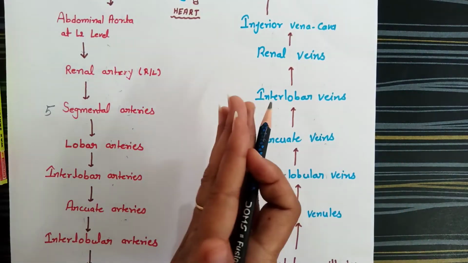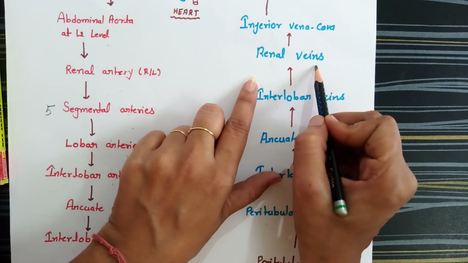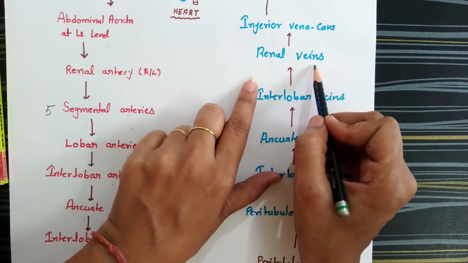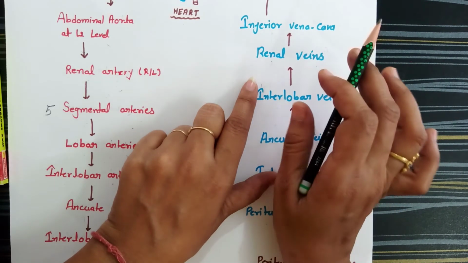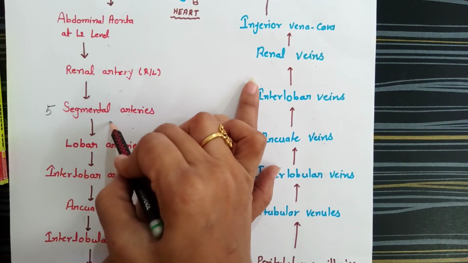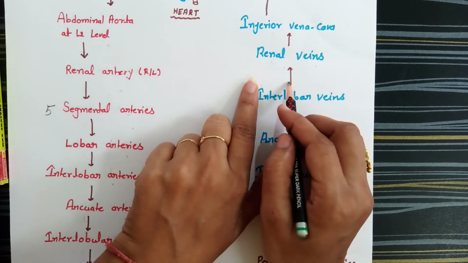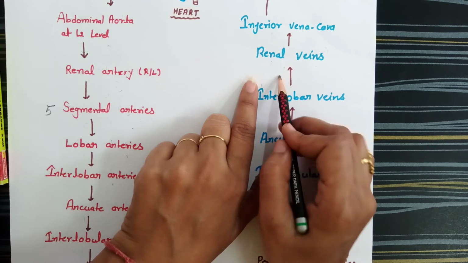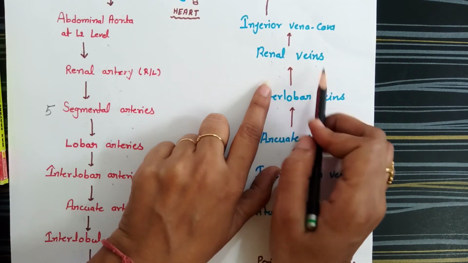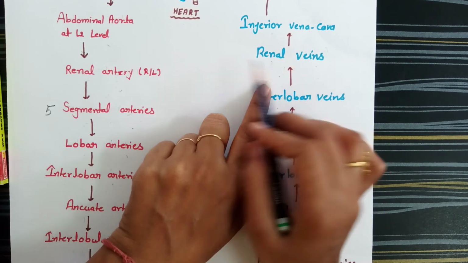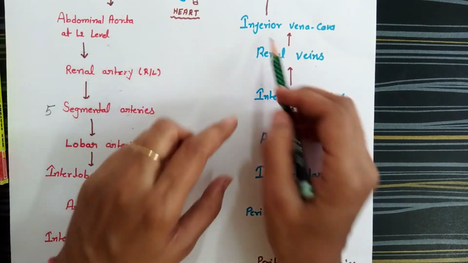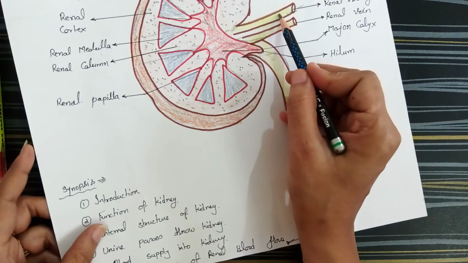These veins unite and form a single renal vein, without any segmental vein. There is a segmental artery, but there is no segmental vein. The renal vein emerges from the kidney via the hilum, and both renal artery and renal vein connect to the inferior vena cava. This is the renal vein and this is the renal artery.